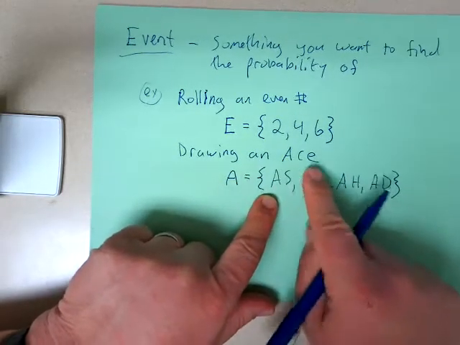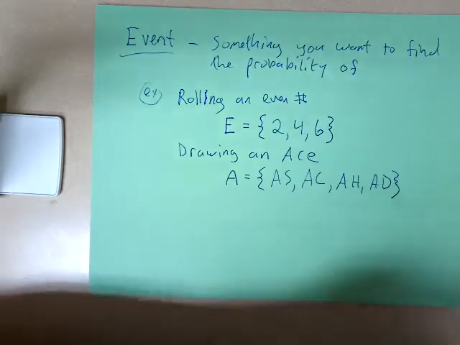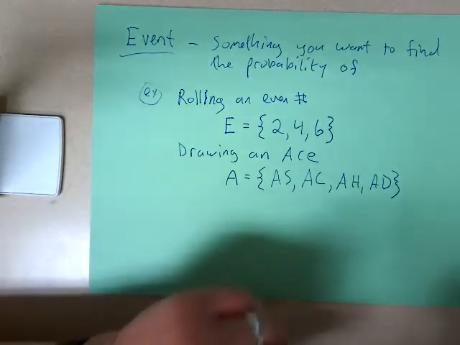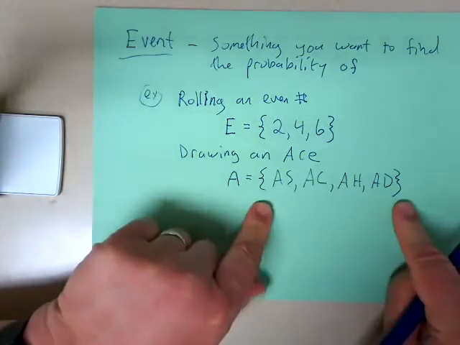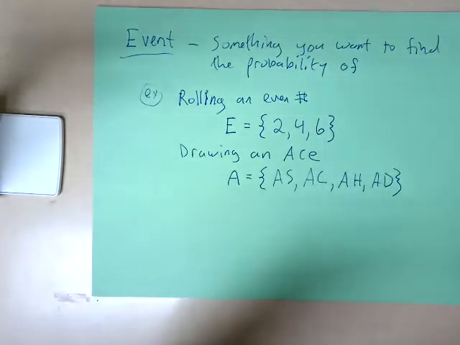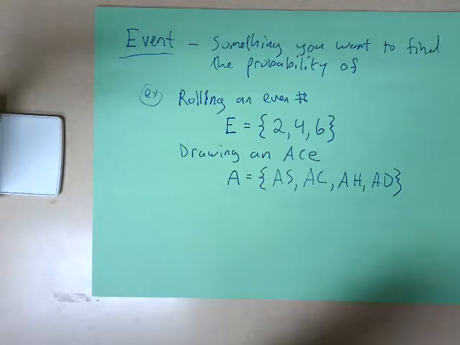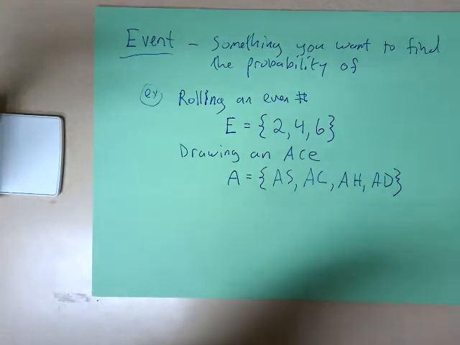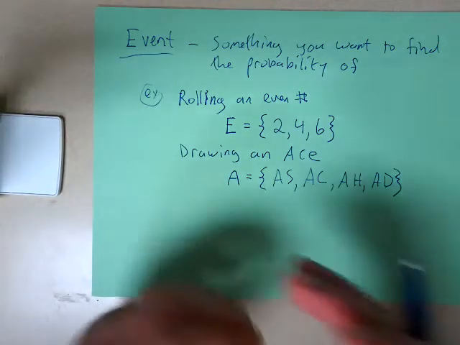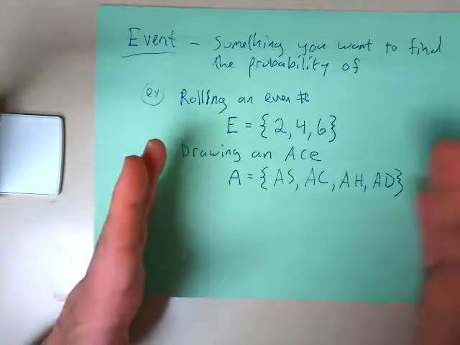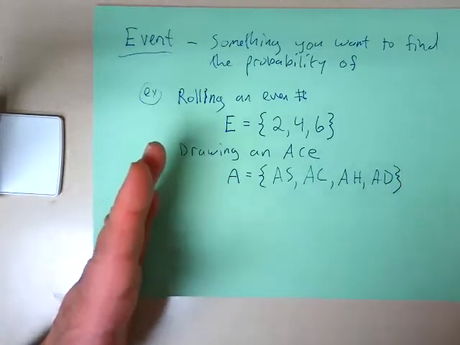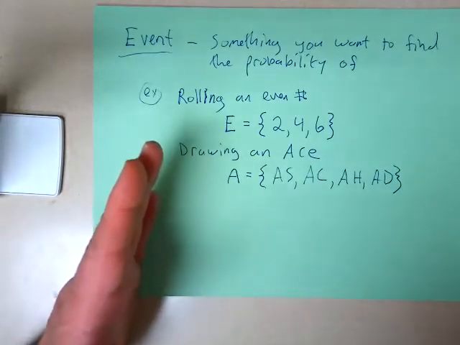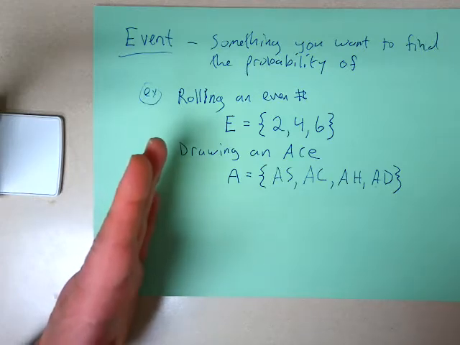So drawing an ace is not an outcome of the experiment. You would say that's an event. And in that event, there's actually 4 outcomes. So when you think about the outcomes of the experiment, these are the most basic singular things. They make up all the possible things that can happen. Like drawing a card from a deck, drawing an ace is not just one of the outcomes, right?